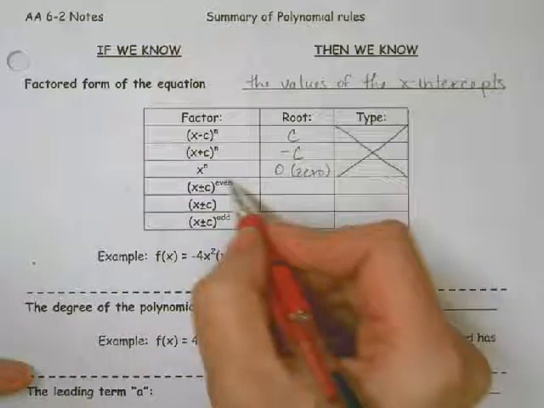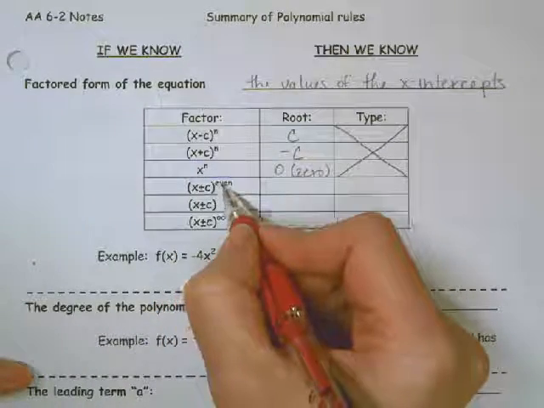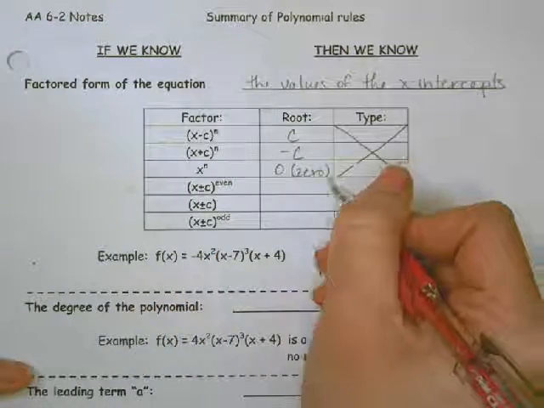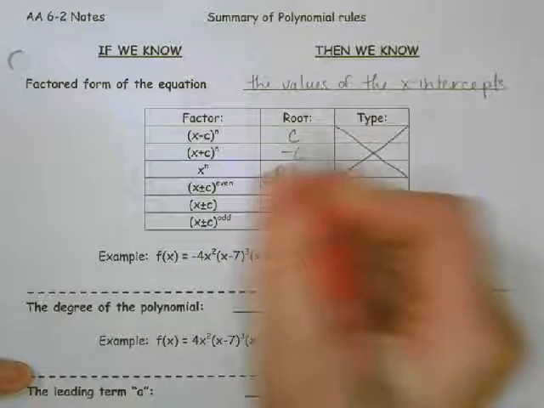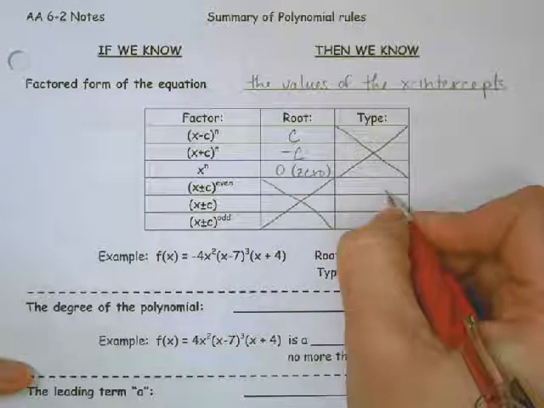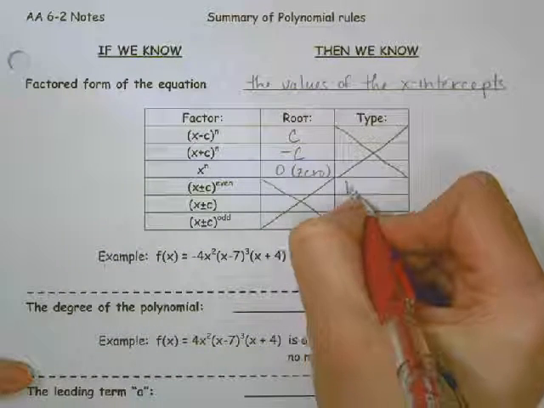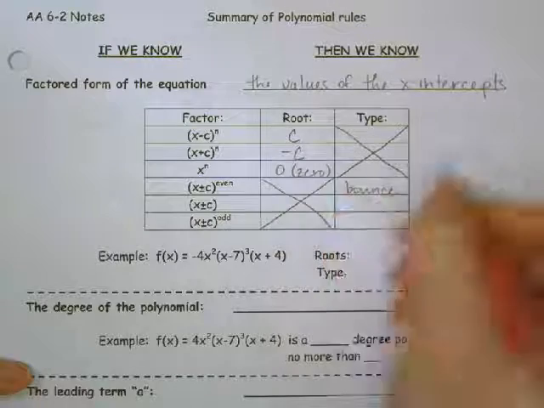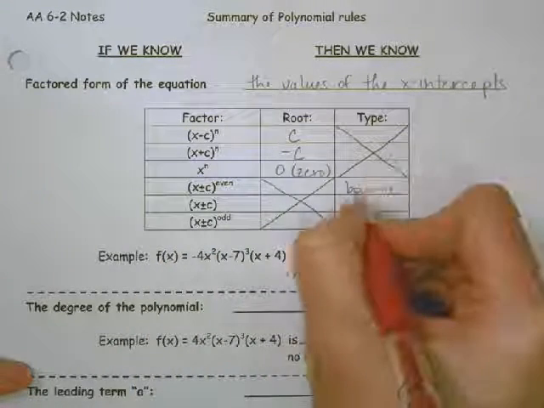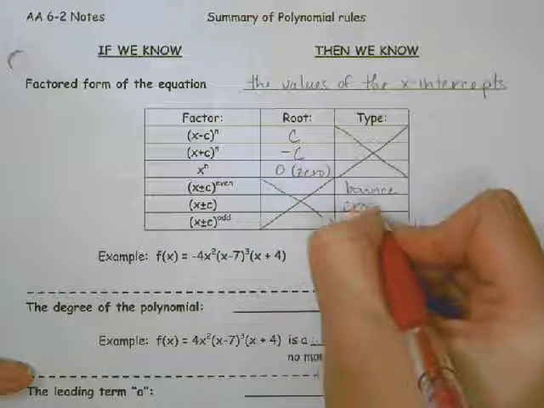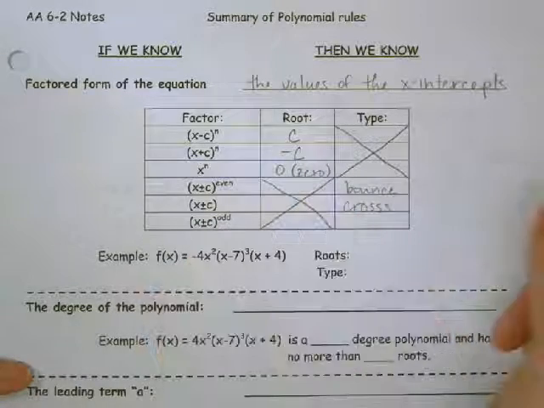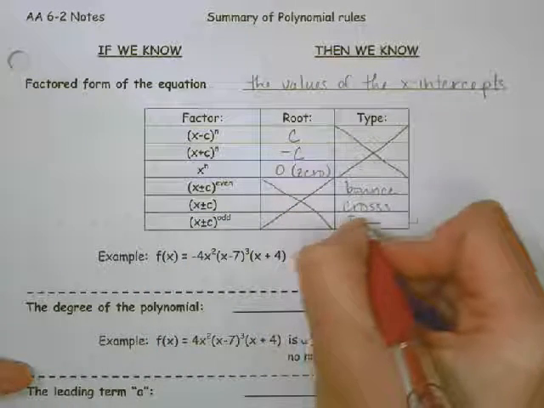If I have an even numbered exponent, squared, to the 4th, to the 6th, whatever, that creates a bouncing root. If I have no exponent, that creates a crossing root. And if I have an odd exponent, that creates a flat root.